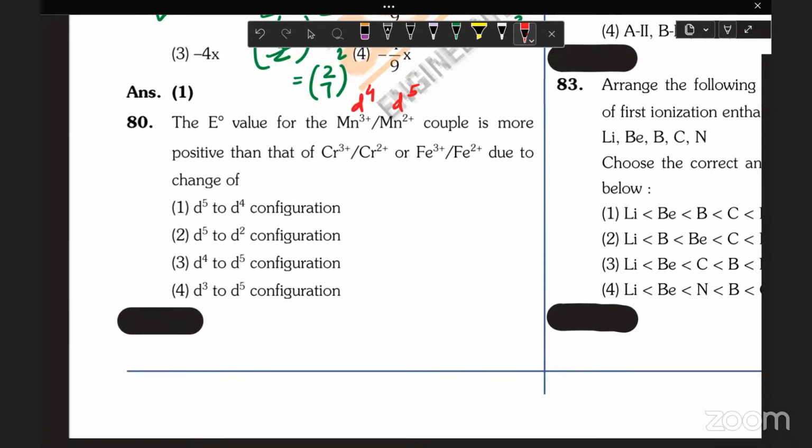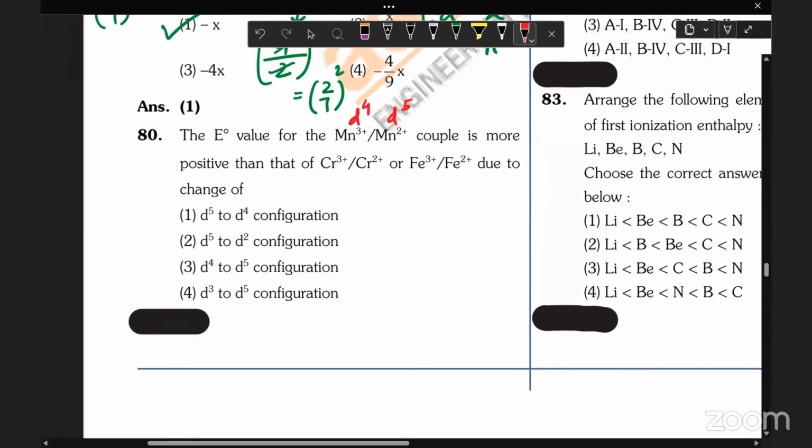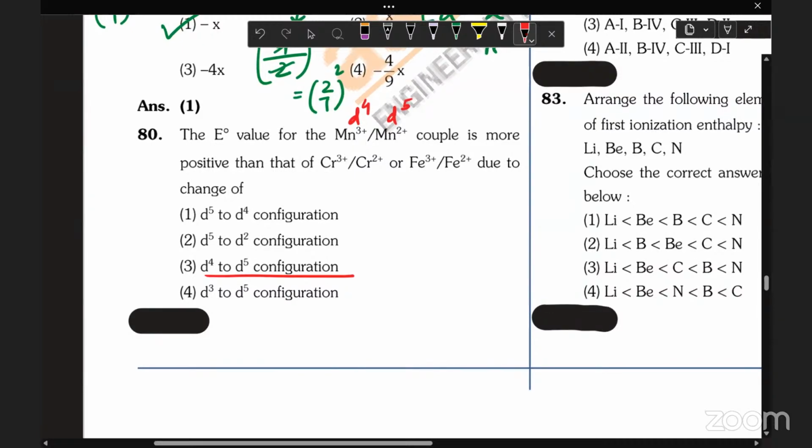So d can have maximum 10 electrons. So 5 is half, and half and fully filled orbitals are extra stable. And that is the reason for the d4 to d5 configuration. That is the reason why the E naught value of Mn3 plus to Mn2 plus is more than the other two values, right? Okay. That means option number 3 seems to be the right answer to this question.